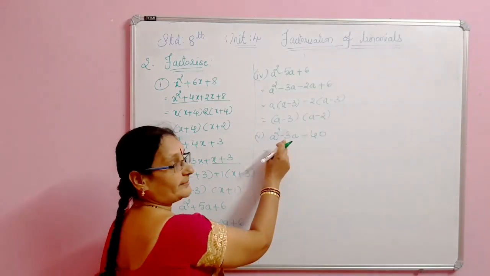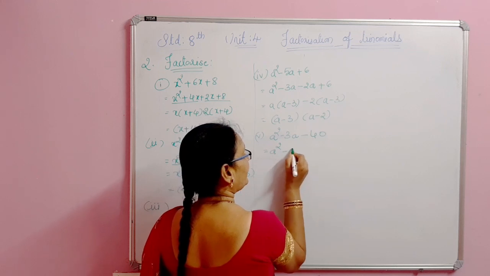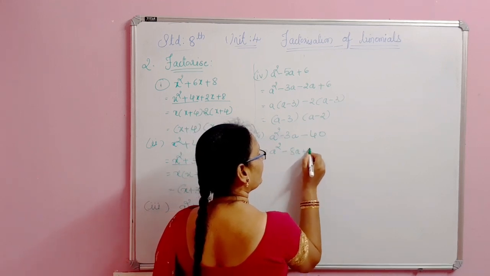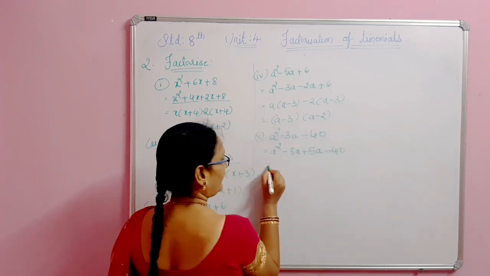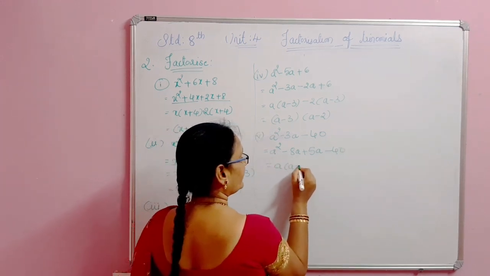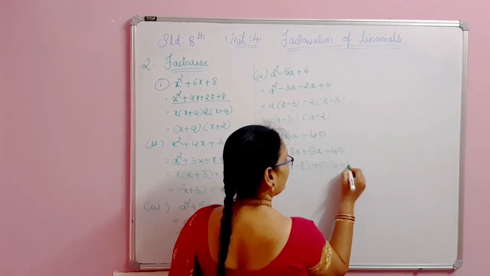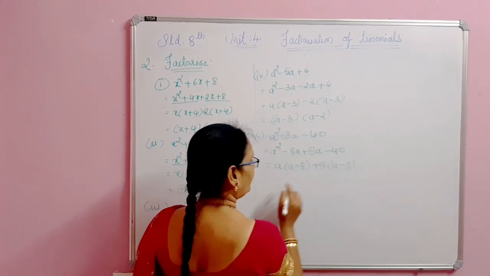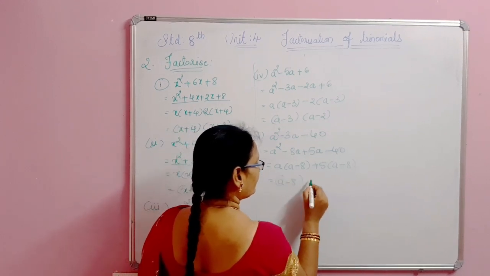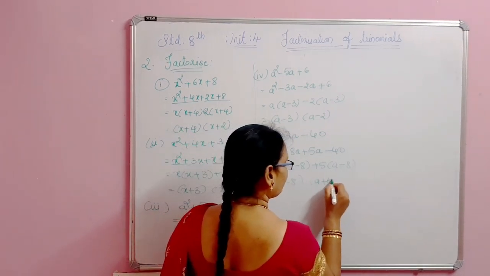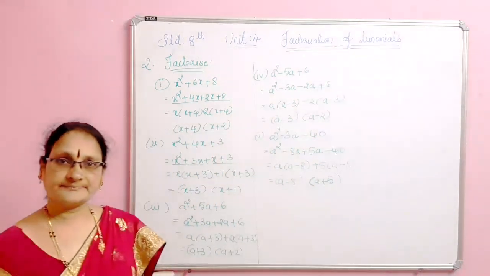But which number should be negative here? The bigger number should be negative. a square minus 8a plus 5a minus 40. a is common. a minus 8, plus 5 is common. a minus 8. 5 8s are 40. So a minus 8, a plus 5. These are the factors.